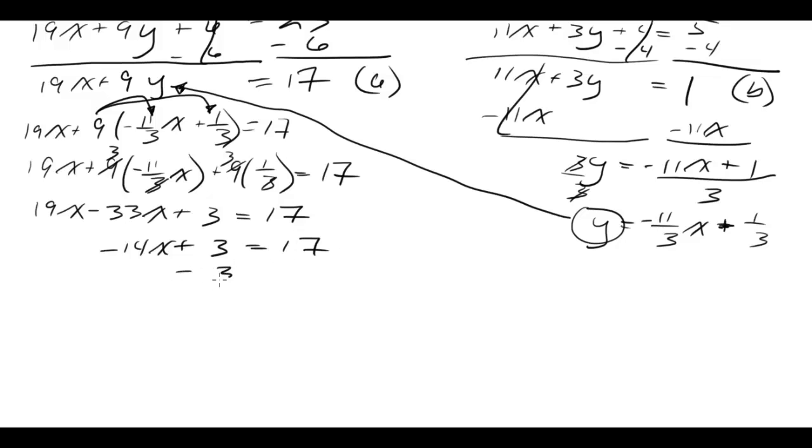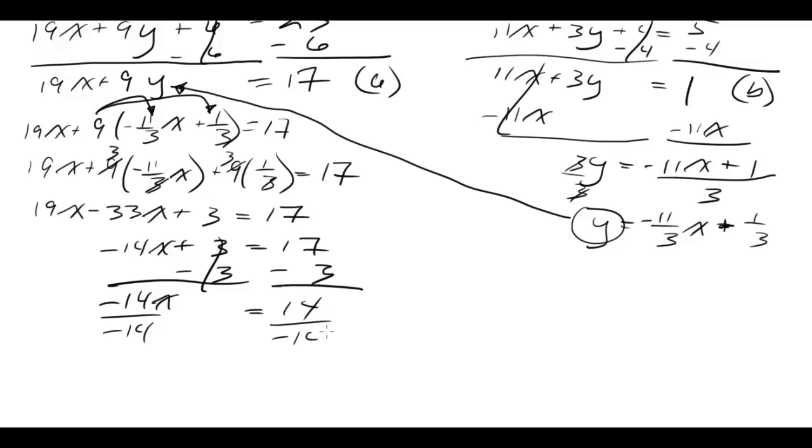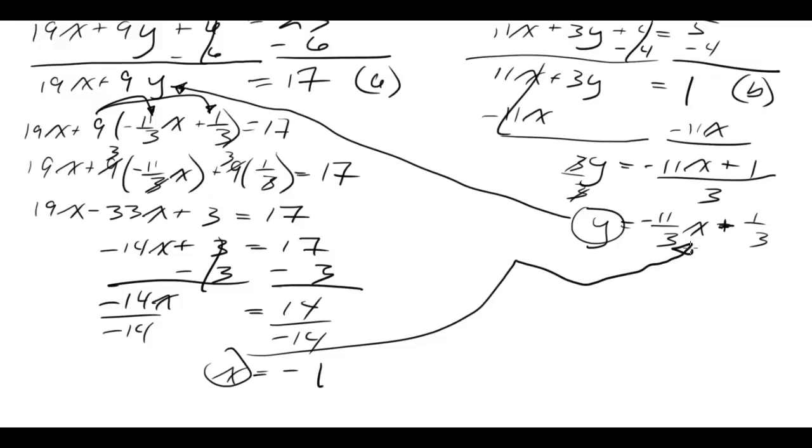I'm going to subtract 3 from both sides. And I get minus 14x, that's gone, equals 14. Divide by minus 14. I get x equals minus 1. Oh, good. Now I can start back substituting. So let me substitute that into that.